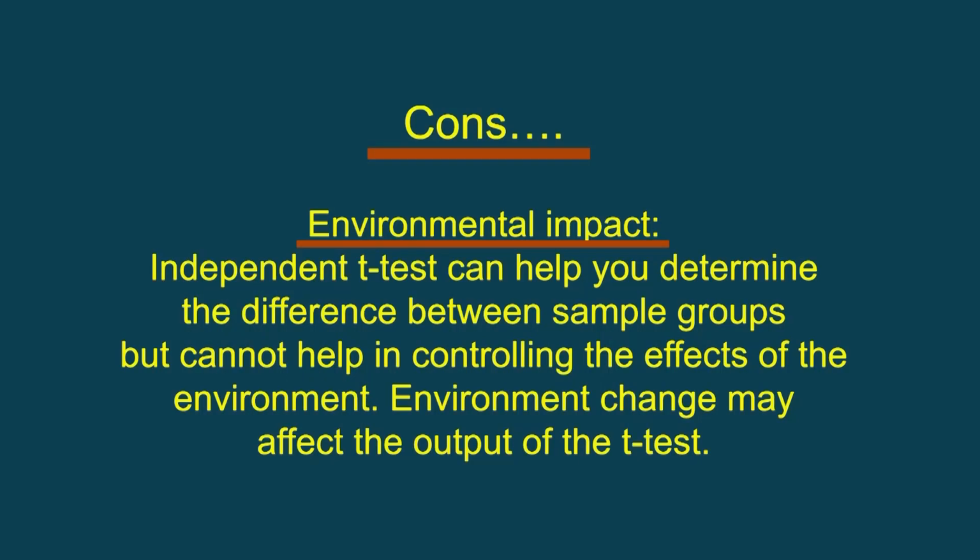There is an environmental impact as well. Independent t-test can help you determine the difference between sample groups, but cannot help in controlling the effects of the environment. Environment change may affect the output of the t-test. Suppose we want to compare the working ability of two groups of individuals. Say one group of individuals residing in hill areas and the other group in plain land.